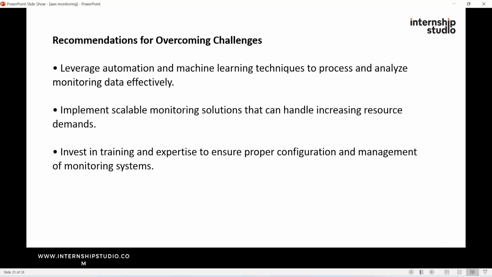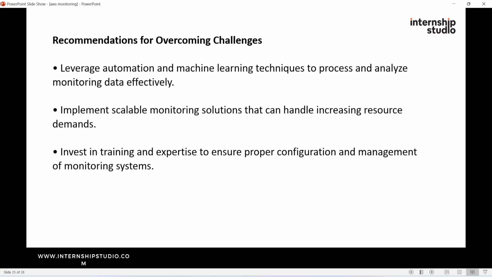Recommendations we have: we need to leverage automation. Wherever applicable, always use IaC tools like Terraform so that you can quickly change the infrastructure available at your hands. Next, we can implement scalable monitoring solutions that can handle increasing resource demands.